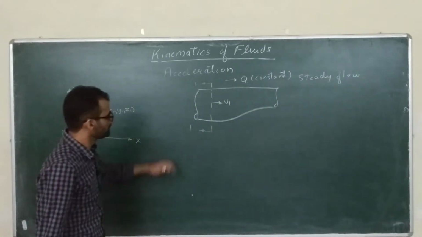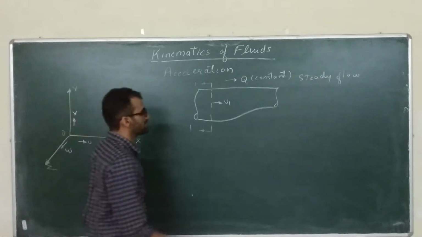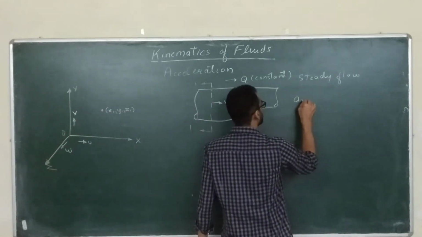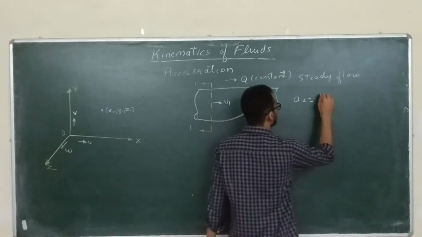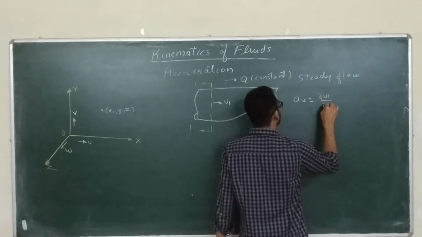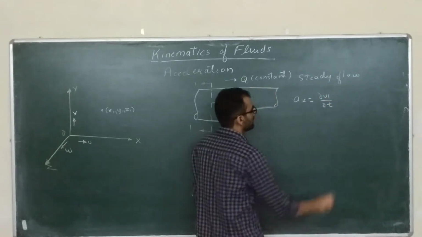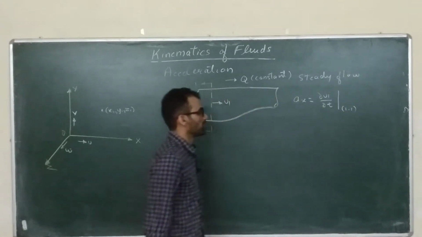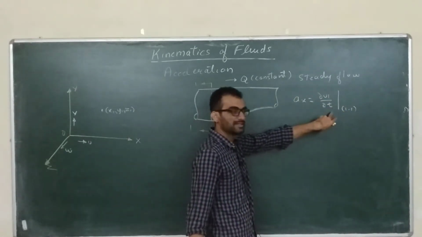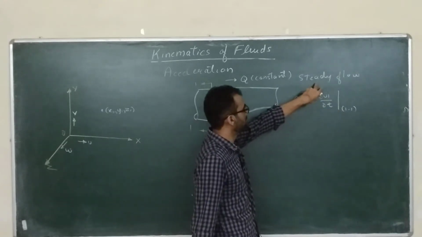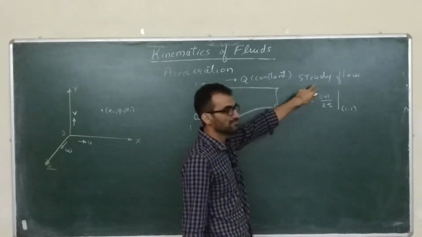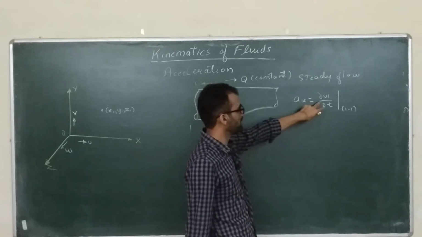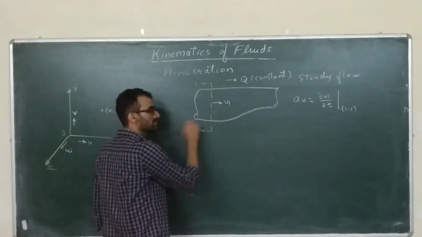Now let's calculate the acceleration. So acceleration ax would be just del u1 by del t at section 1-1. But what will be the value of del u by del t? Since this is a steady flow with constant discharge, flow properties will not change with respect to time.